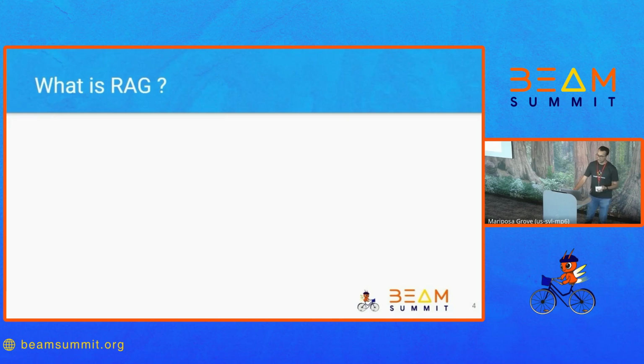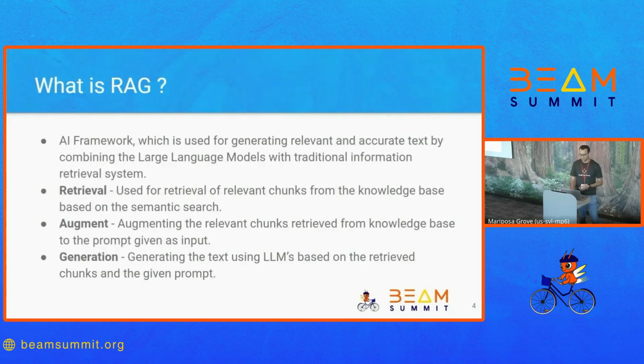In RAG, the retrieval stands for retrieving the relevant chunks from the knowledge base using semantic search. Semantic search could be a lot of things, such as similarity search. I would not go too much into detail about it.